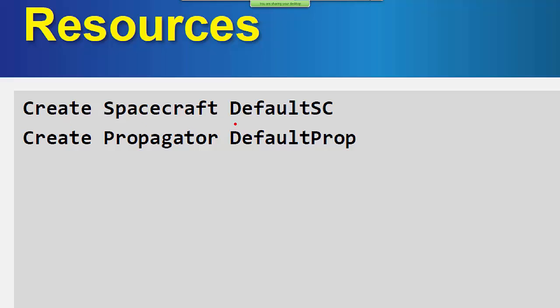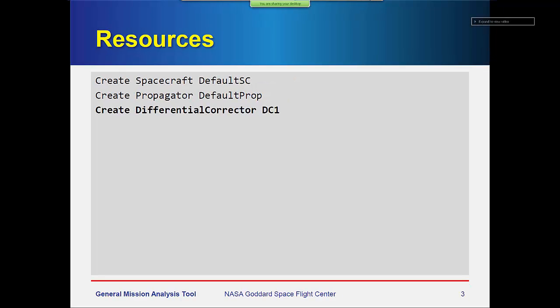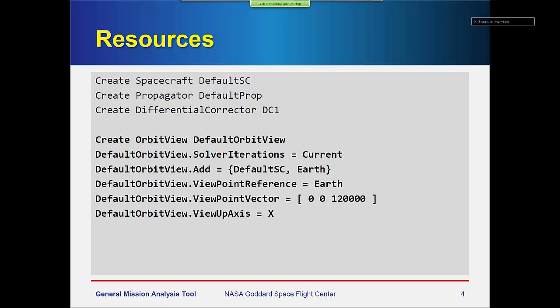So I start by creating my spacecraft and my propagator. Add our differential corrector for the targeting sequence. And I set up my orbit view. So this is sort of the minimal set of lines that it takes to set up an orbit view. Here's our solver iterations. We're plotting the spacecraft and the Earth. And here's our camera definition.